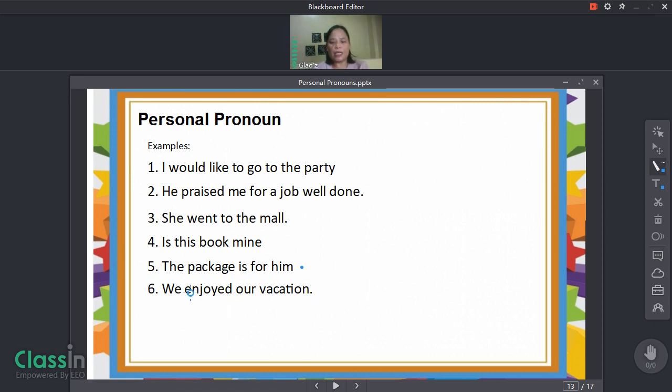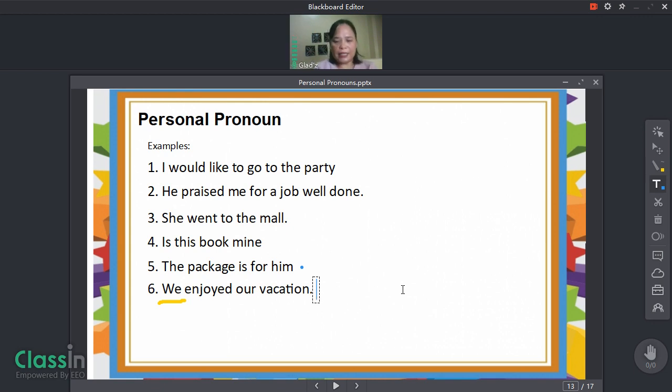Number 6. What is the pronoun in number 6? We have the pronoun we. Is it singular or plural?